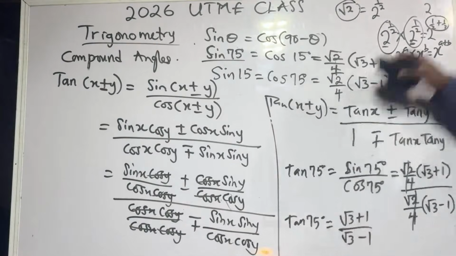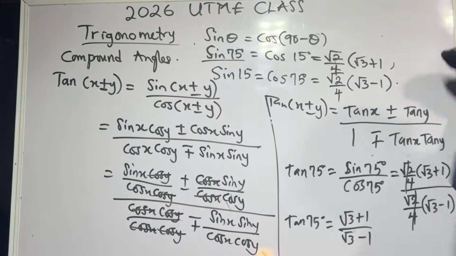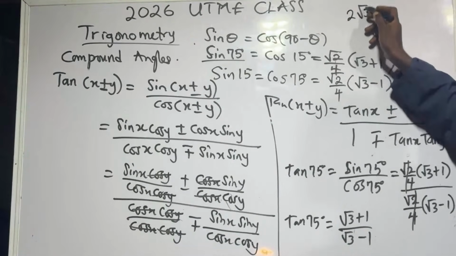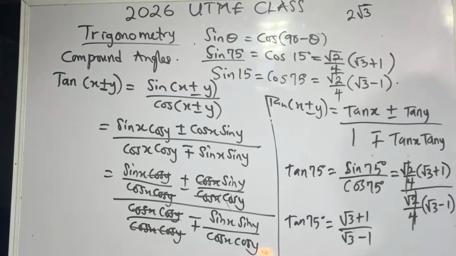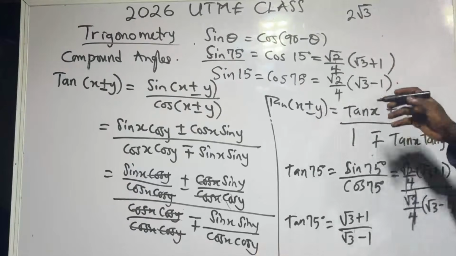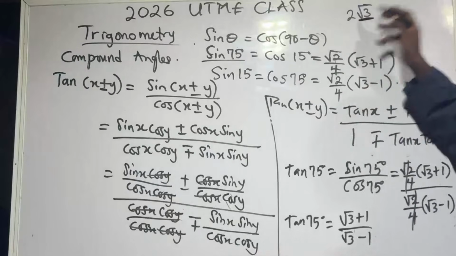So that's one part. Another thing is what if it is 2 root 3? What's the conjugate of 2 root 3? Since it is still a monomial, you then pick only the surd part. The surd part there is root 3.